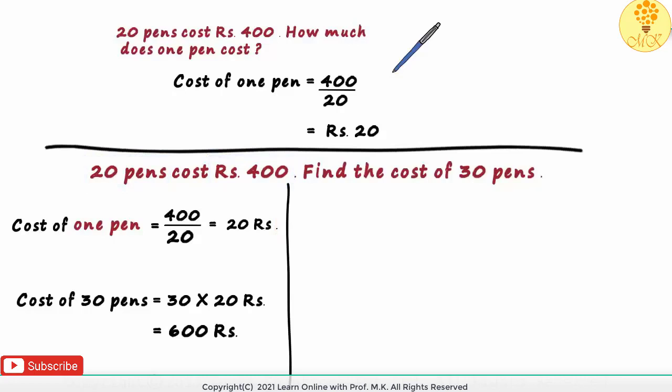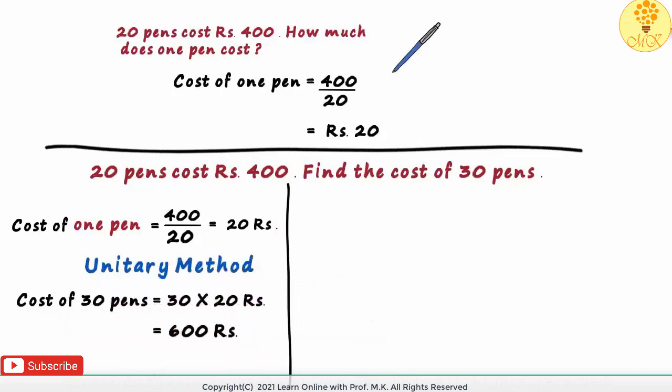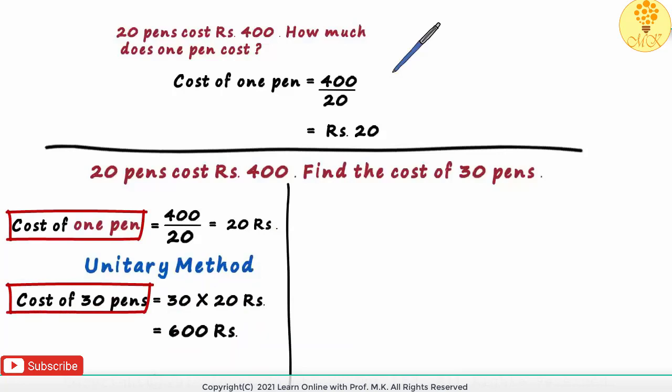And then we found the cost of 30 pens by multiplying the cost of one pen with 30. This method of finding the cost of one unit first and then multiplying by the number of units to find the total cost is called the unitary method. Remember, cost of one unit first and then the total cost accordingly.